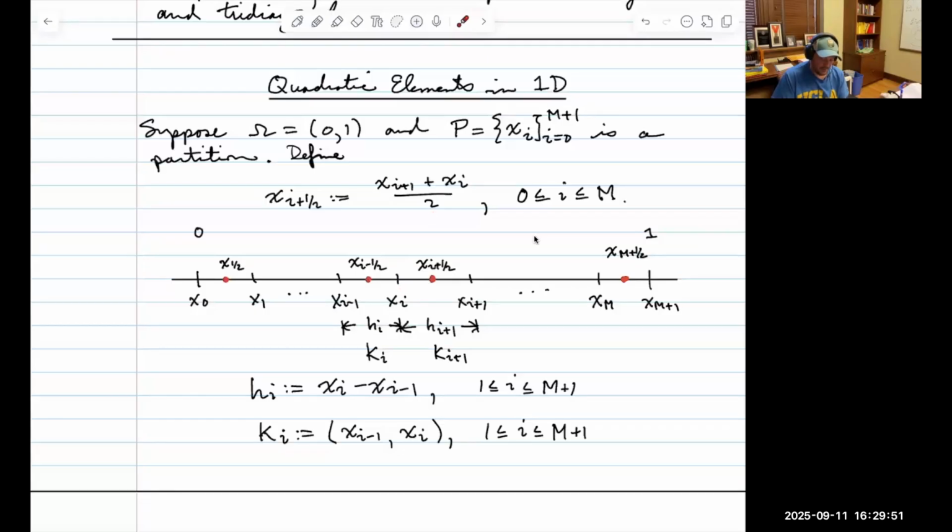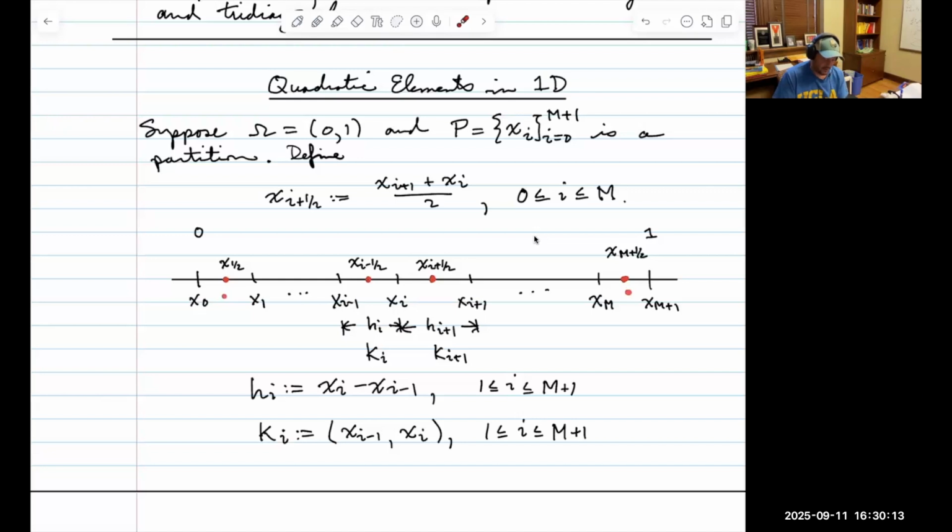And we're going to do this for i between 0 and capital M. So the first point is going to be x_{1/2}. The second point is going to be x_{3/2} and x_{5/2}, etc. How many of those are there going to be? Well, there's going to be precisely m plus 1 of those.